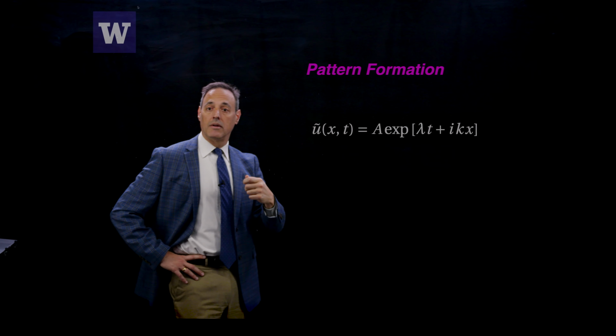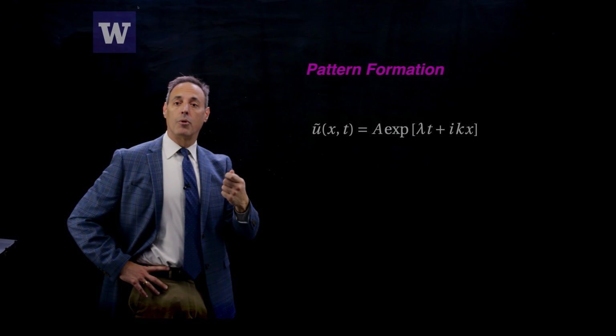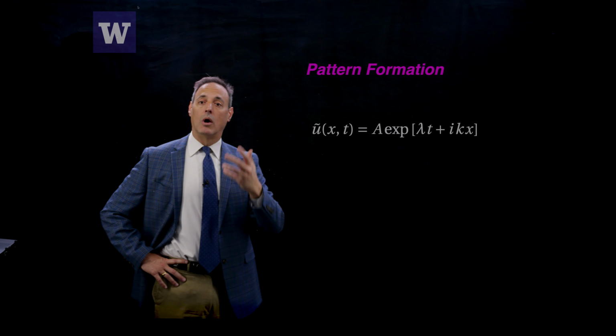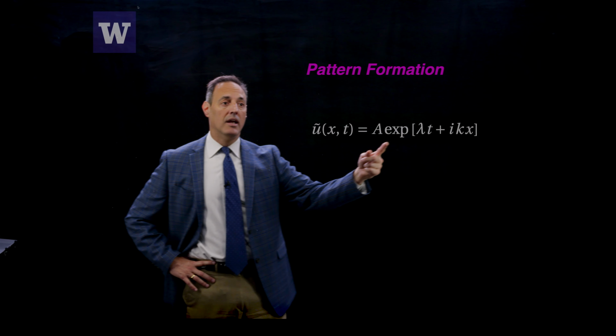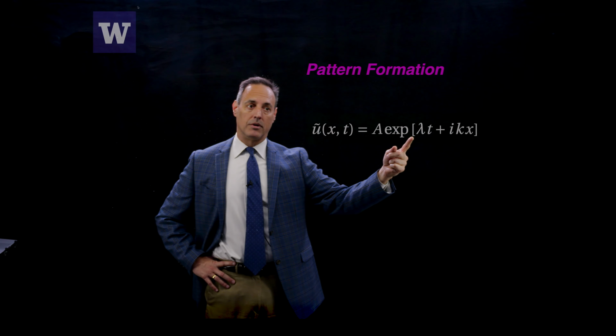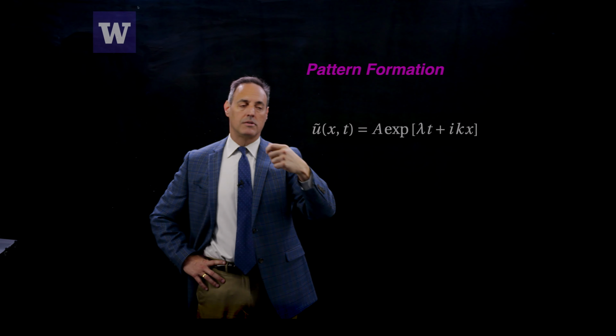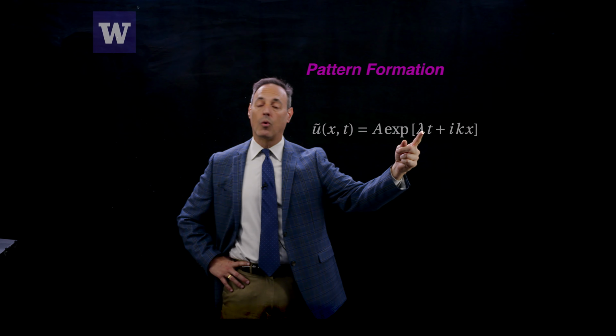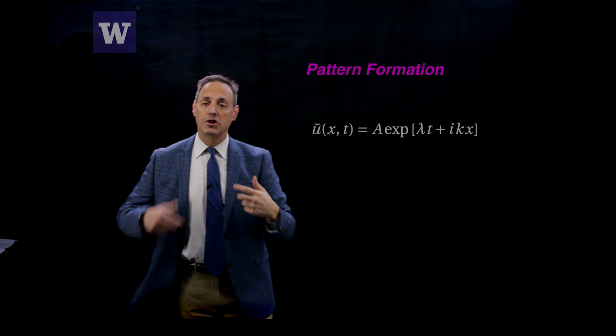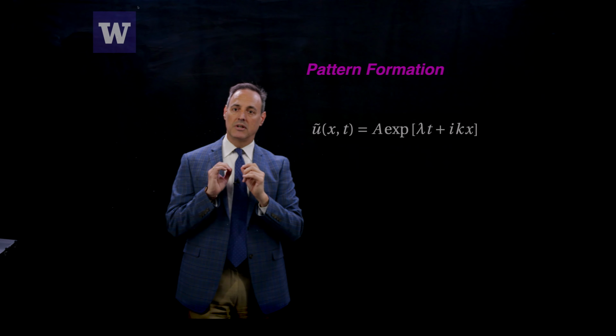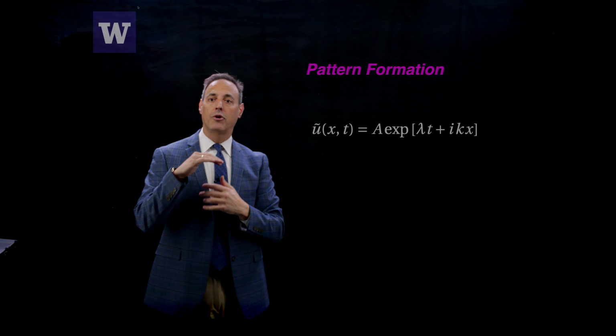Is the real part positive or the real part negative? That's going to determine if it's growing or decaying. And by the way, if there's an imaginary component to lambda, when it's growing, it's going to grow with oscillations, and it's going to decay with oscillations. So in time, the lambda is going to tell me if I'm growing or decaying with or without oscillations in time.